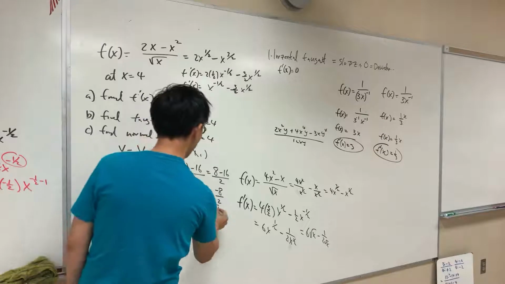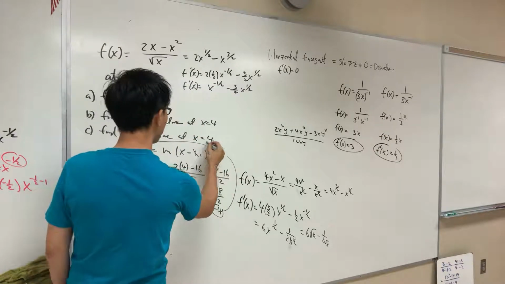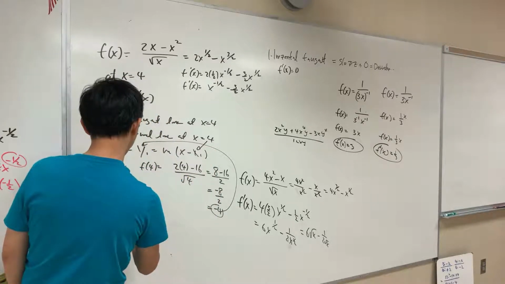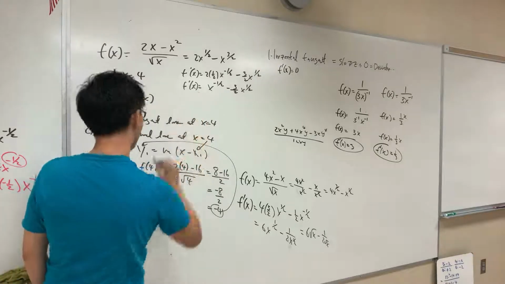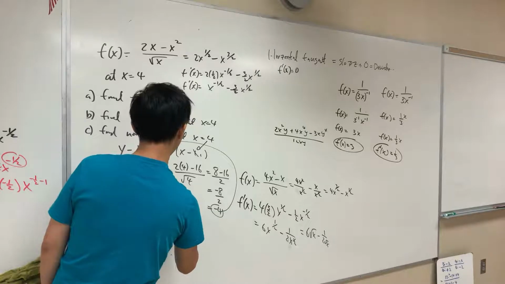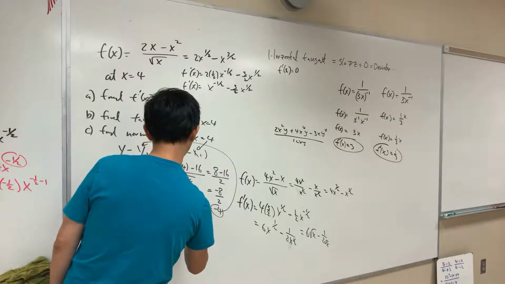So this one is going to where? Y1. The x is going from here. Now, what is my derivative? If I plug in 4 into this, it's equal to 4 to the negative 1/2 minus 3/2 times 4 to the 1/2.